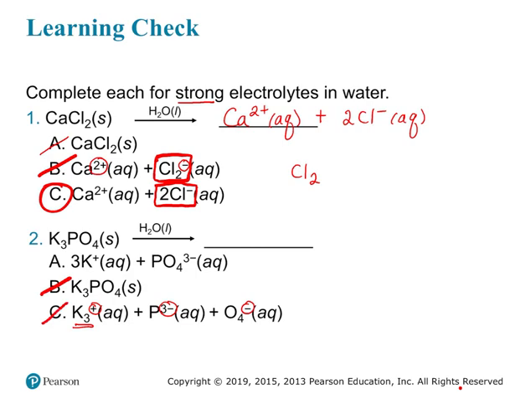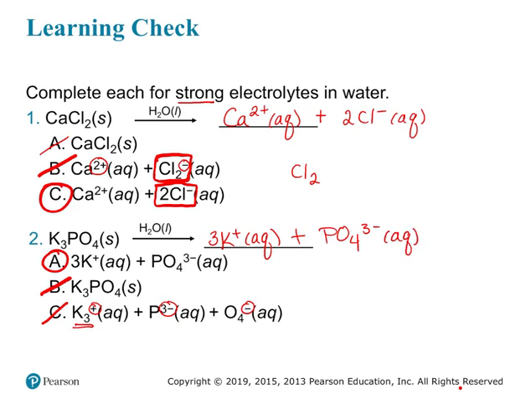That's just definitely false. All right, so A is our answer. We would end up with 3 potassium ions and 1 phosphate ion. So we would get 3K plus aqueous plus a phosphate ion.